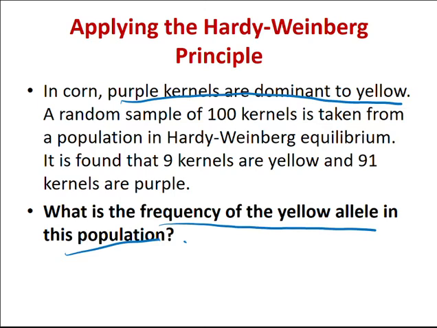Again, this is a very simple question. It's asking you the yellow allele frequency. Purple kernels is dominant, so the frequency for purple would be represented by P, and yellow is the recessive allele, so the frequency for this recessive allele would be represented by Q. You have to find the allele, you bukan kena cari homozygous recessive, you have to find Q je.